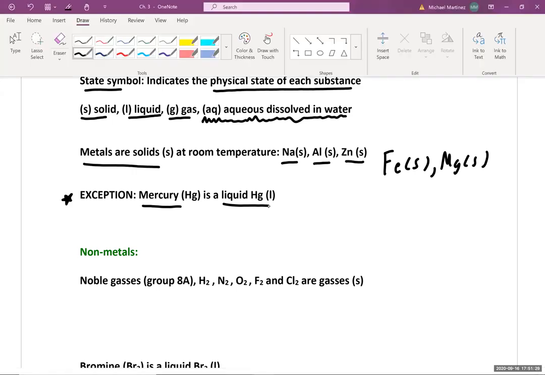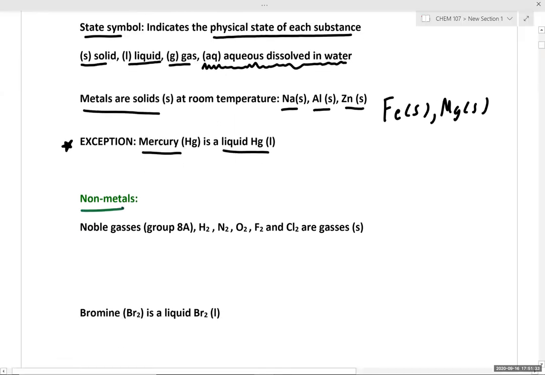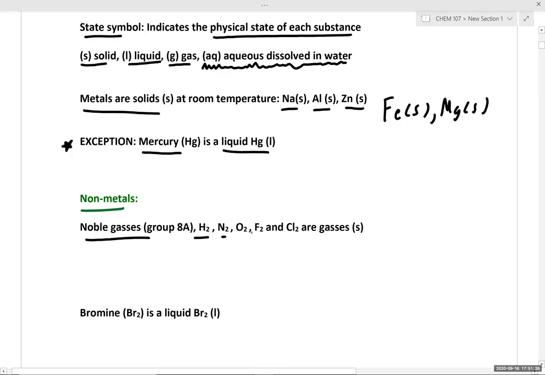For our nonmetals, the noble gases, hydrogen, nitrogen, oxygen, fluorine, and chlorine are all gases. So for example, hydrogen would be written as H2 gas. Noble gas, what noble gas should we discuss? Neon.